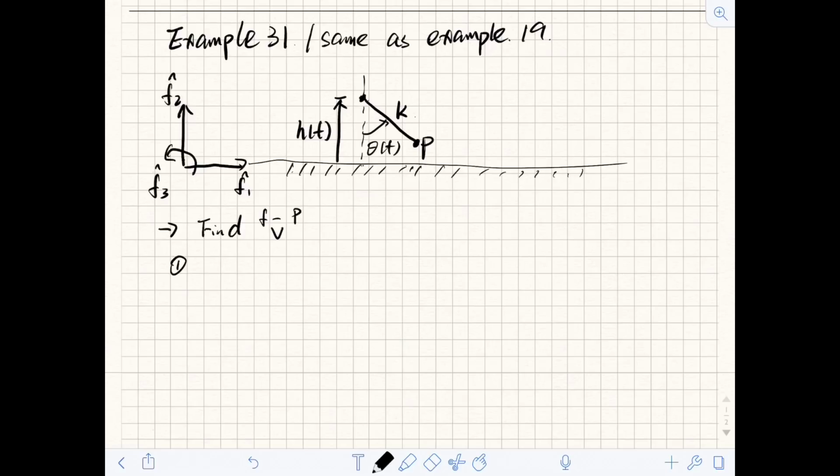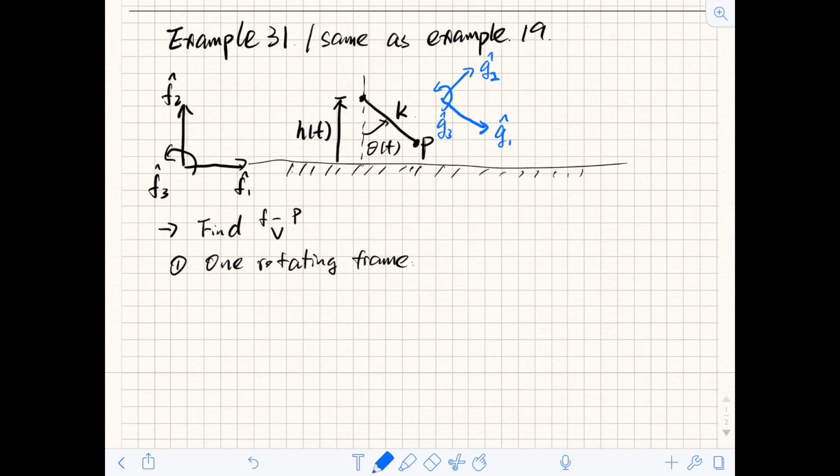For this problem, we have one rotating frame, so we define a new reference frame for that rotating bar. We define another reference frame that's fixed to the bar, and let's call that G1, G2, and G3.